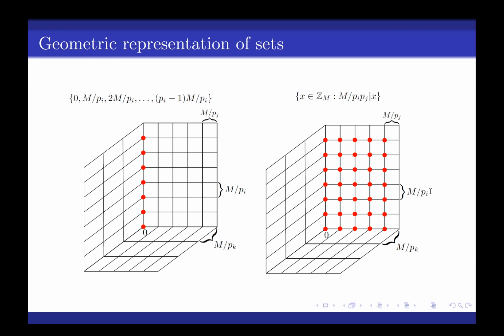What you're looking at is a grid such that any two neighboring elements on that grid are at distance either M over pi, M over pj, or M over pk. On the left-hand side of the picture is the maximal length arithmetic progression of step size M over pi. And on the right-hand side is the maximal length arithmetic progression of step size M over pi pj.